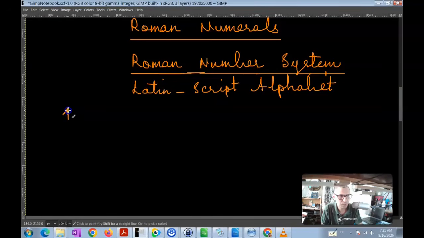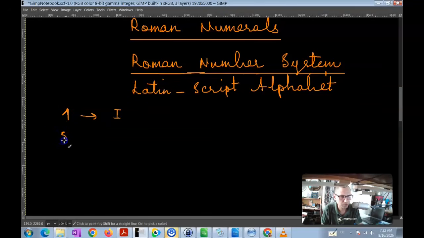To write down 1, in the Roman system you would write an I. For a 2, you would use a combination of 1 and 1, you put it together.